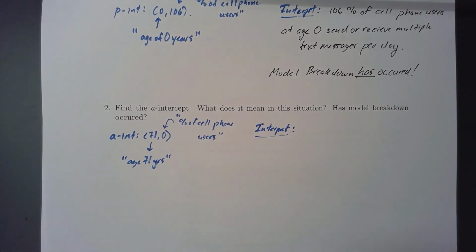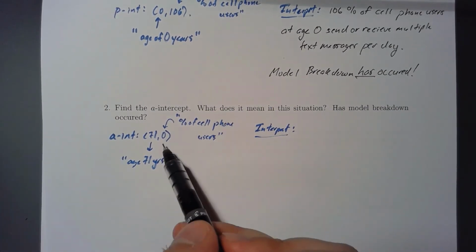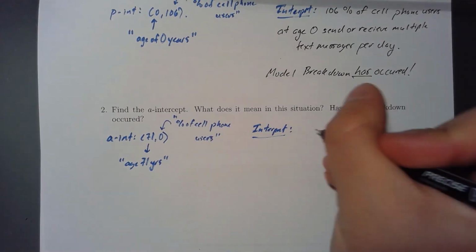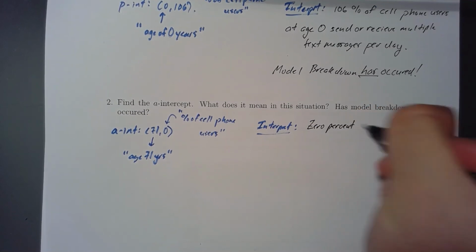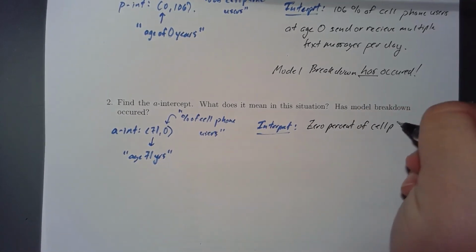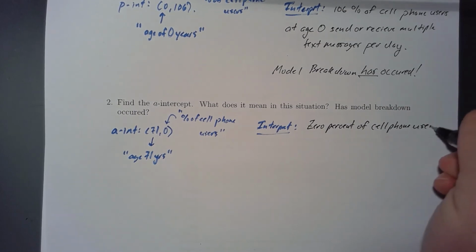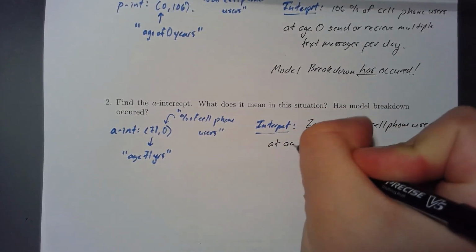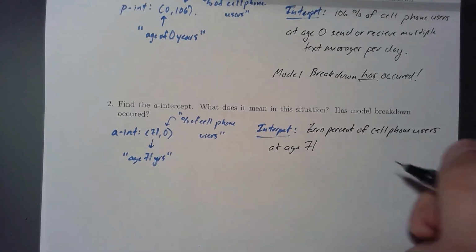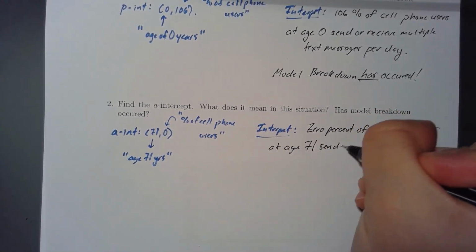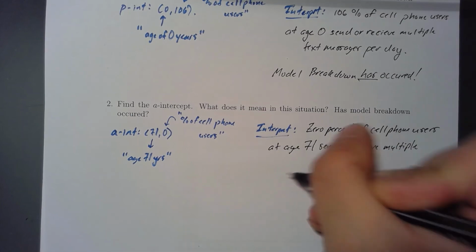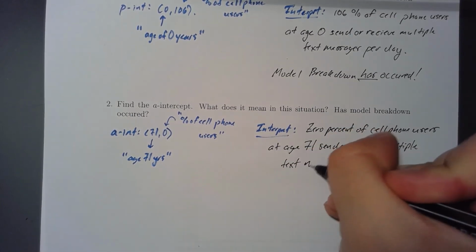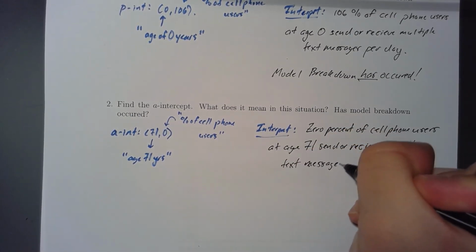This says 0% of cell phone users at age 71 send or receive multiple text messages per day.